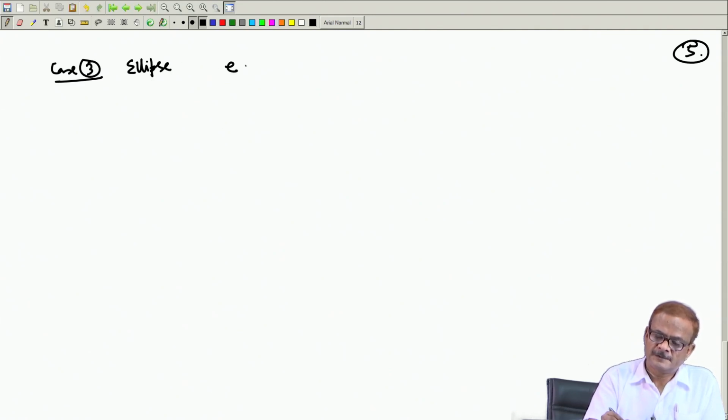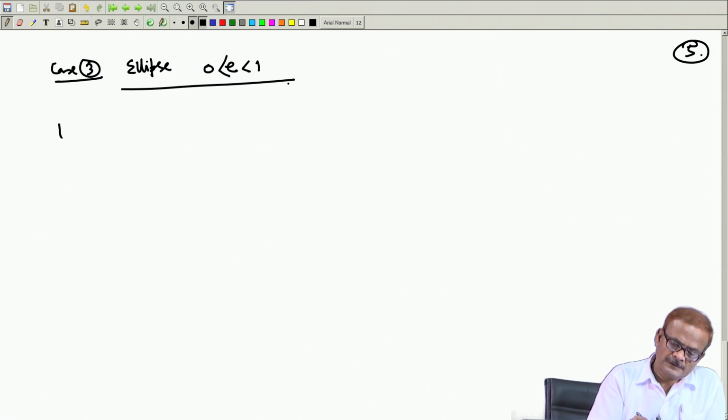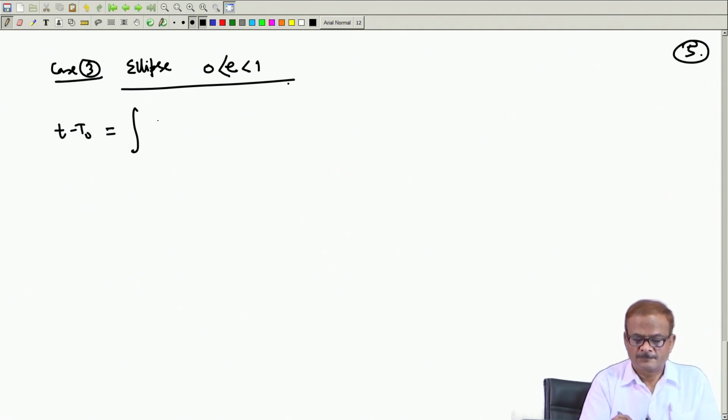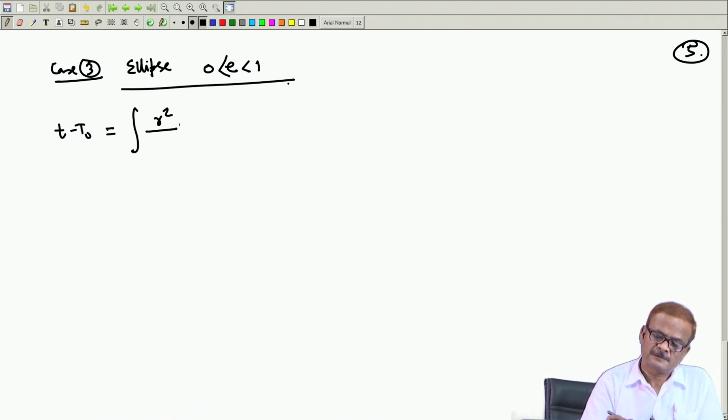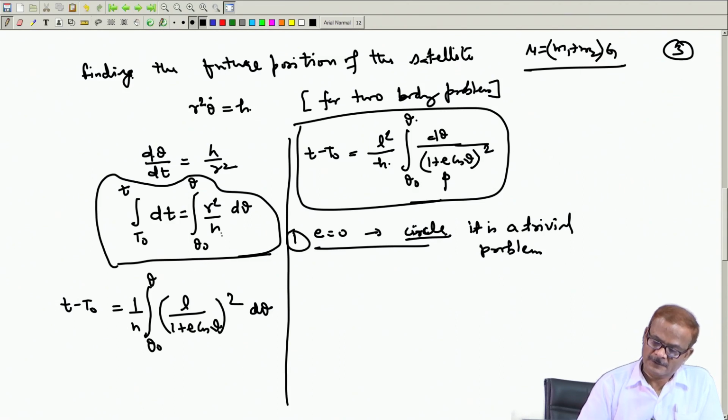Ellipse is the case when e lies between 0 and 1. So, in this case what will be the result? Okay. So, following the same procedure, we have written this as r square by h d theta.